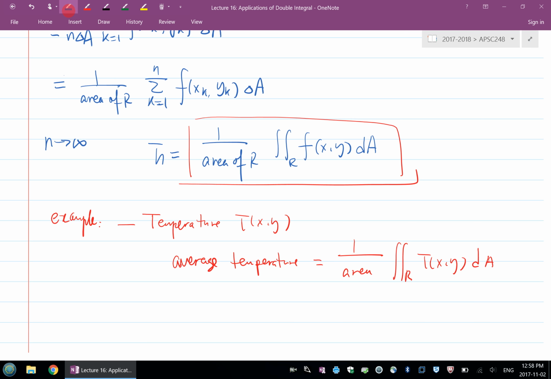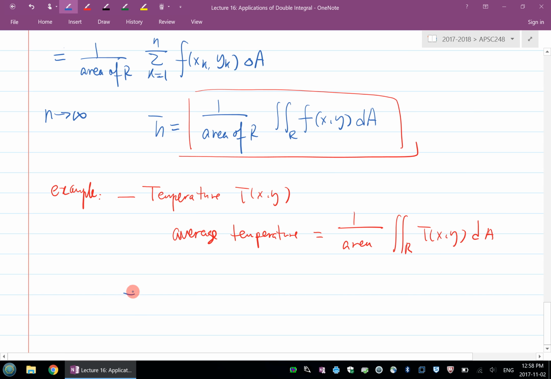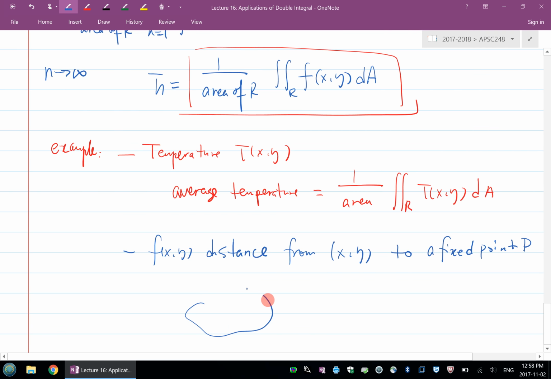Now there's some other example. Let's suppose f(x, y) represents the distance from any point to a fixed point. Here's one fixed point P, and you have a thin plate here.